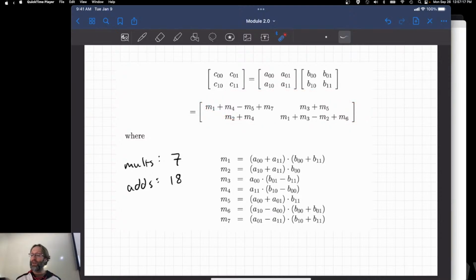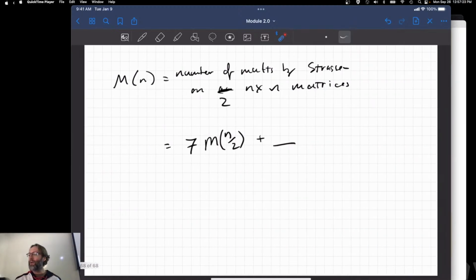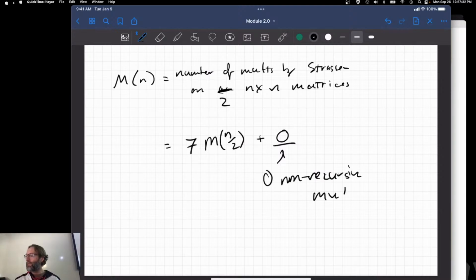But does it matter? Those are all additions. This is where I'm cheating, right? The master theorem allows me to say that there were 0 non-recursive multiplications, right? Which is a constant. Because what is m? Again, it's the number of multiplications by Strassen, not the number of additions, right?